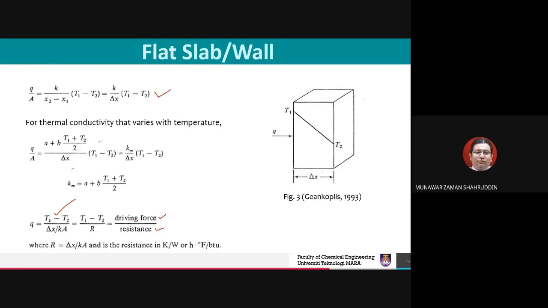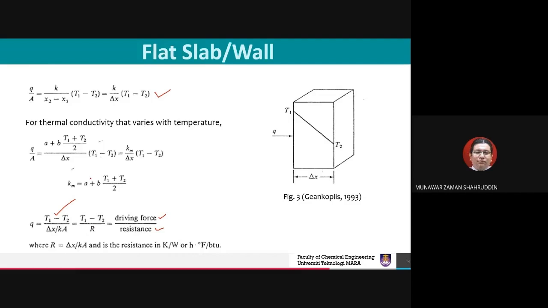They categorize this equation into two terms only. One is called driving force, which is strictly the temperature difference. Another one is called resistance, which is everything other than the temperature difference.